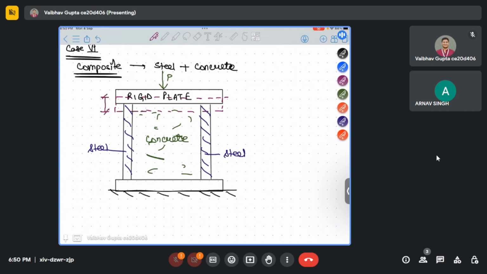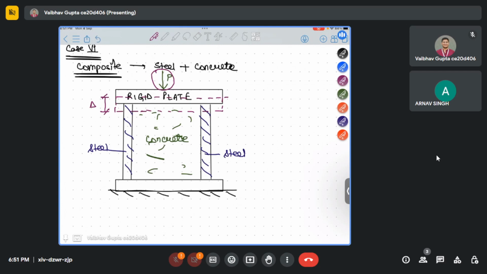Okay, this is nothing but delta. The Poisson's ratios of concrete and steel are different, but here we assume Poisson's ratio will not affect anything. The concrete will not bulge out in any other direction. So if we apply a force of P in a downward direction, the whole system, steel plus concrete, will move down by the amount delta.